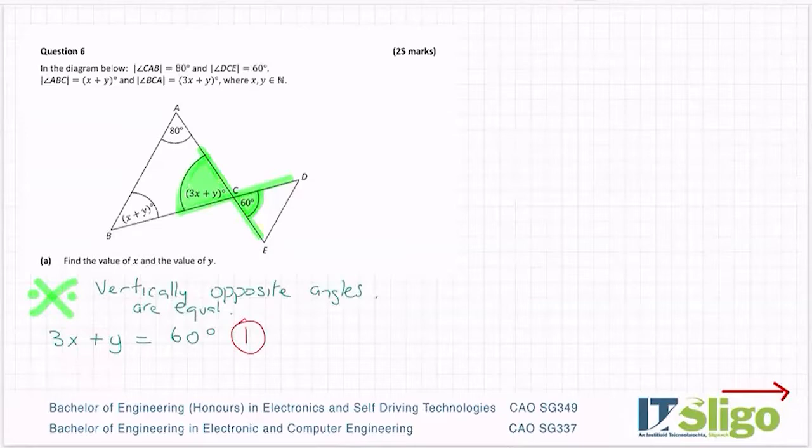So the next theorem or the next property I see is, of course, the angles in a triangle. So I'm going to do this one in pink.